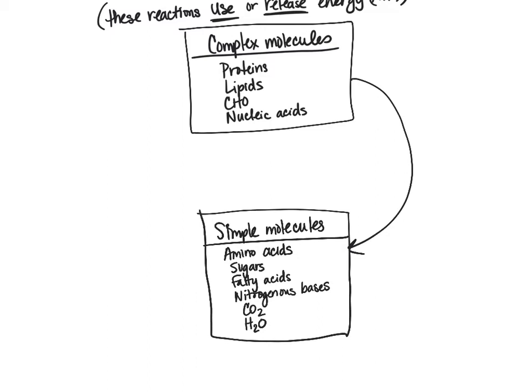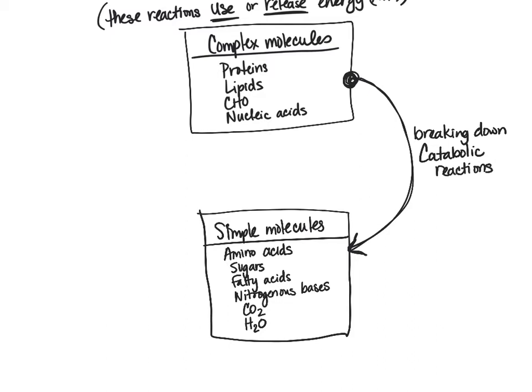And what we see is when we go from our complex molecules down to our simple molecules, we're breaking down. So we're breaking down the complex molecules into our simple molecules. These are called catabolic reactions.